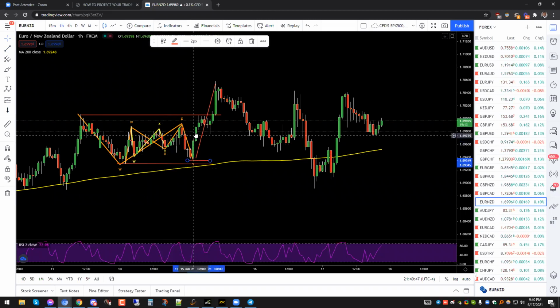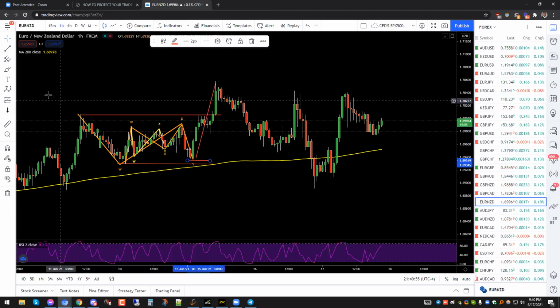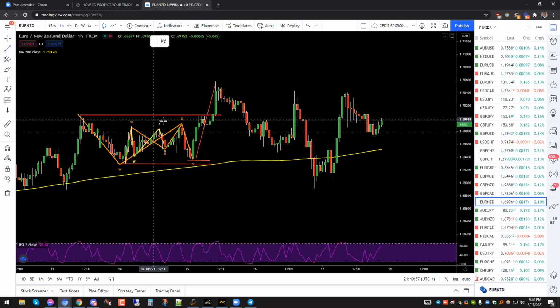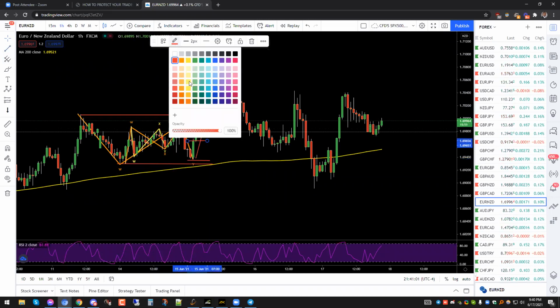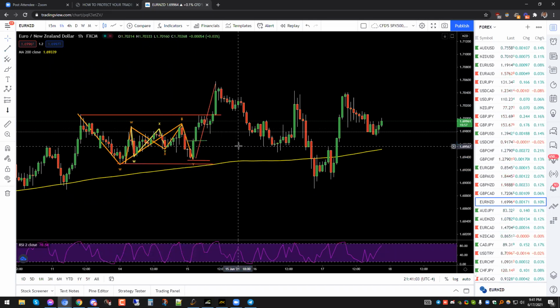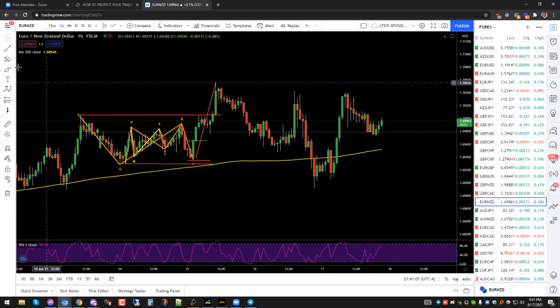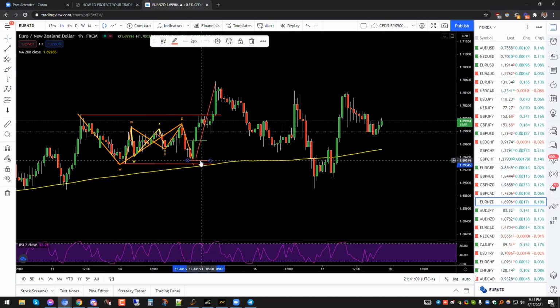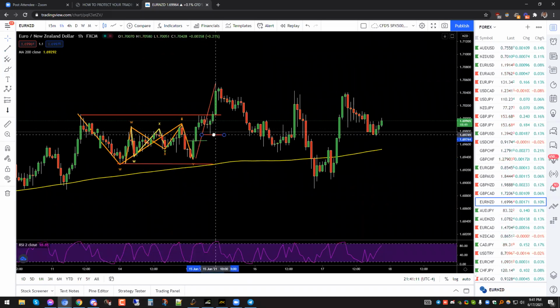As we go into profit, we get a correction over here. When we get this correction over here, once we break out of that correction, our entry is going to be here. Let me just mark the entry. Good. So that's the entry. Once we break out of this correction to the upside, we will move the stop up below this correction.